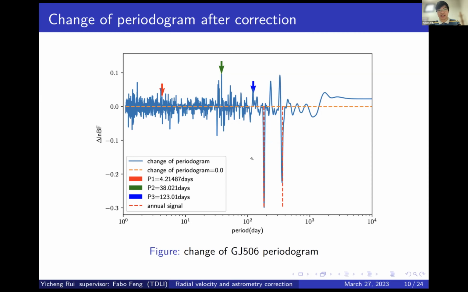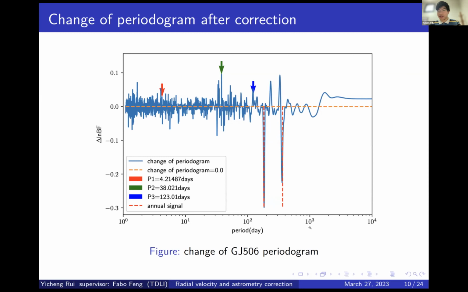We can see that the signal with a period of 365 days and half of it is significantly decreased after the correction. Besides that, all its 3 confirmed exoplanet signals are more significant after this correction.